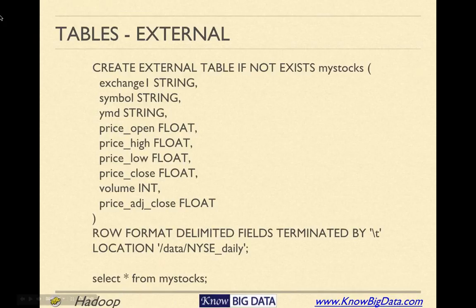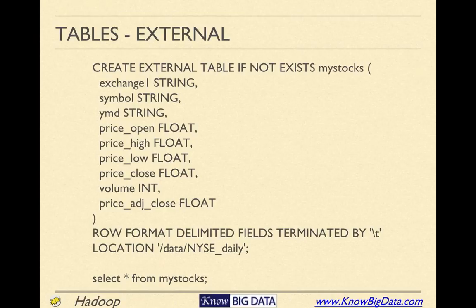So far we have discussed the managed tables. You can also create an external table. The only difference would be the addition of the external keyword here. And again, when do you create an external table? Whenever you do not own the data.